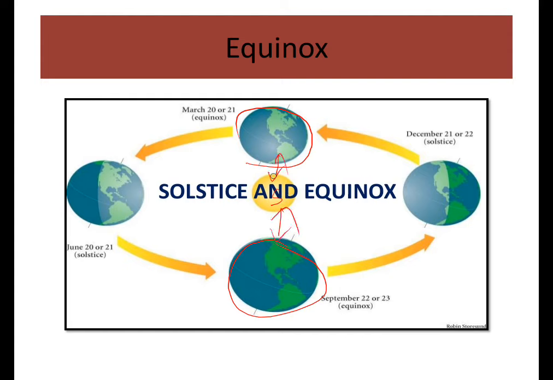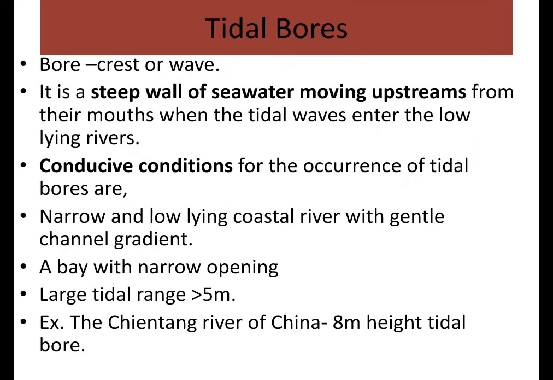This is called equinox, which occurs in the months of March and September. So it takes 6 months for March to occur again, and 6 months for September to occur again. So these tides are called equinoctial tides.